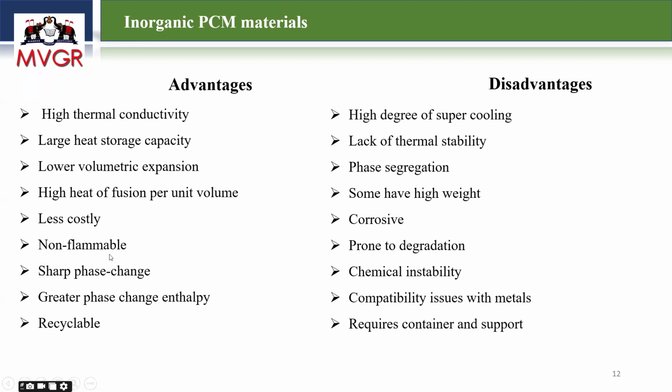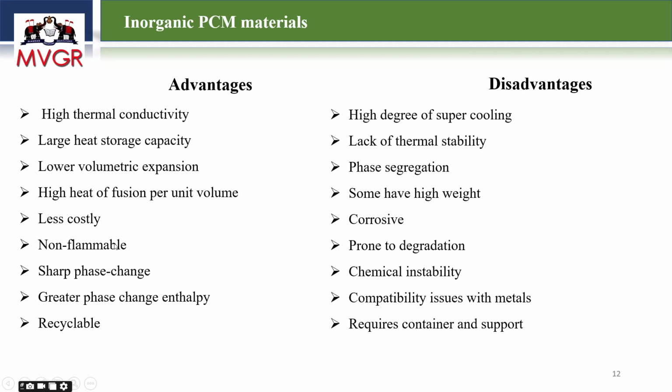And it is non-flammable, it does not catch fire. And sharp phase change. Sharp phase change means, suppose the material has a melting point temperature around 30 degrees, whenever it discharges that heat, it happens at the same temperature. And greater phase change enthalpies, and these are also recyclable materials.